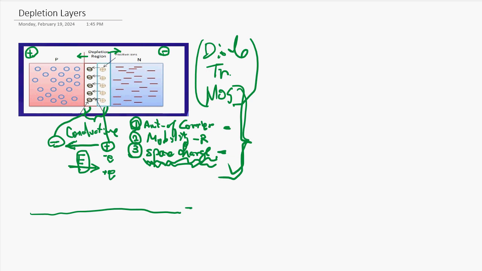You have a Fermi level, and this is the p-type and n-type. There will be a band gap, an intrinsic 1.1 electron volt all over. Okay, so let's see.